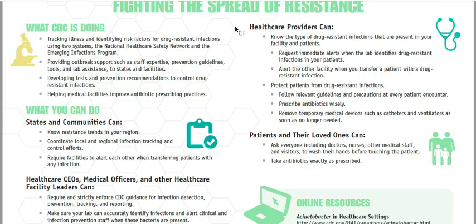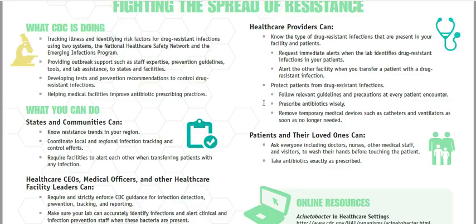Healthcare providers can know the type of drug-resistant infections that are present in your facility and patients. Request immediate alerts when the lab identifies drug-resistant infections in your patients. Alert the other facility when you transfer a patient with a drug-resistant infection. Protect patients from drug-resistant infections. Follow relevant guidelines and precautions at every patient encounter.